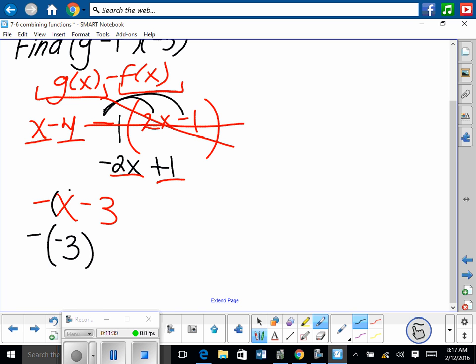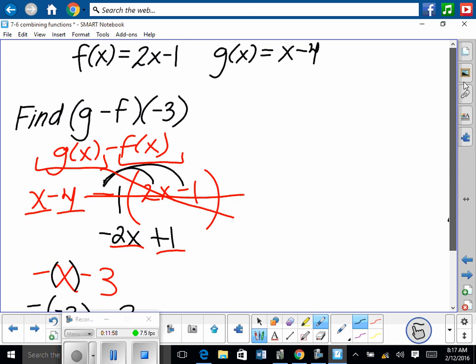We're substituting in that negative 3 for x, minus 3. Does everybody see how I made the substitution? Now let's simplify it correctly. What's negative 1 times negative 3? 3. So we have 3 minus 3, which is 0. So our final answer of g minus f of negative 3 was equal to 0. You okay with how to do these? Okay?